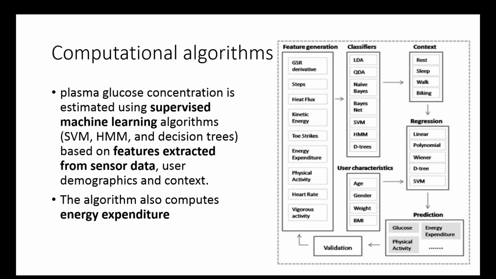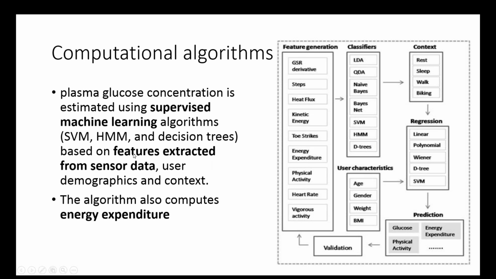But the key of the thing are the computational algorithms, and that's really what my expertise is. So you actually compute all these measurements from those sensors: GSR, so the galvanic response, steps, number of steps, heat flux, kinetic energy, probably from the accelerometers, energy expenditure, physical activity, heart rate, and the activity level.